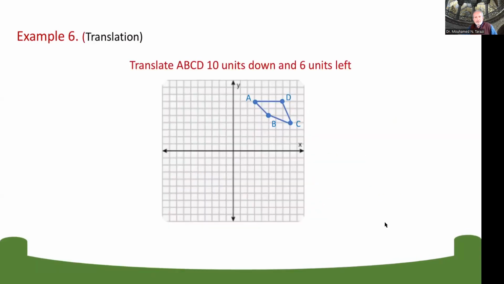Now, translation is really the easiest of all of these transformations. Basically you are shifting the figure down or up, left or right.